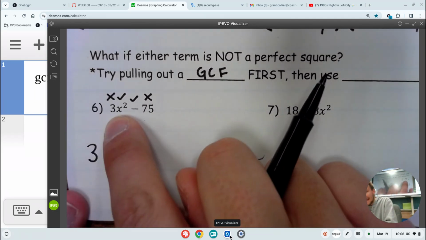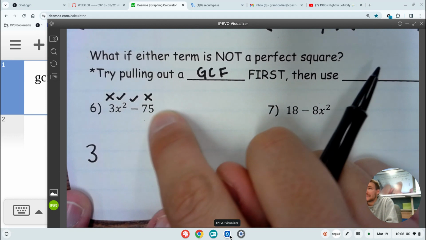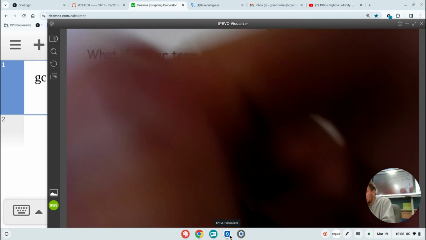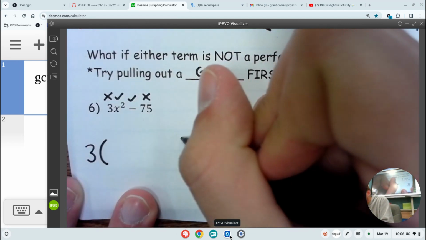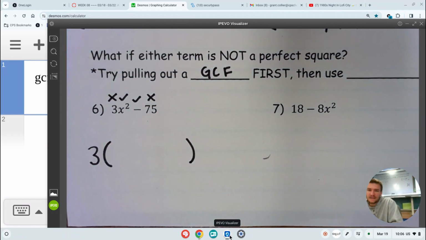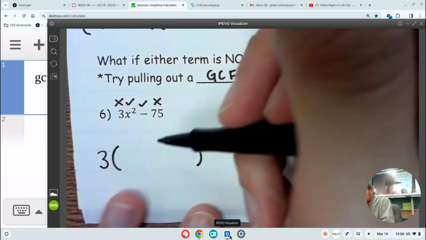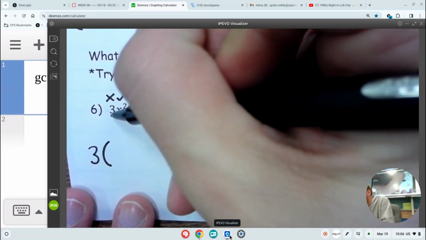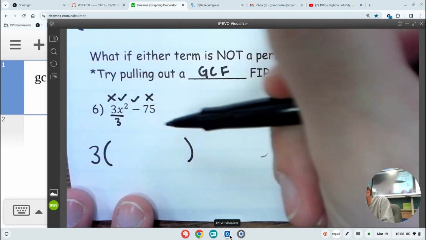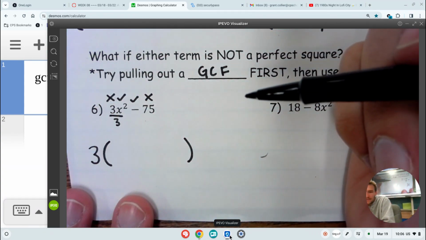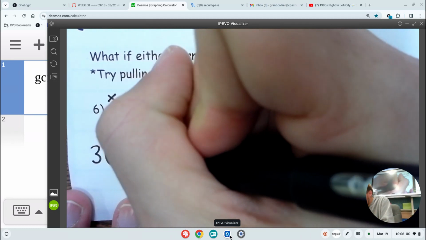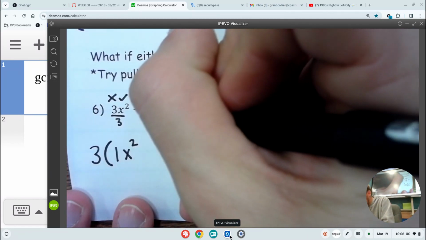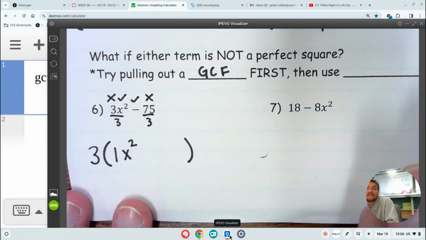Then we have x squared and no x's, which means we're not going to be able to pull out any more x's. And so that's all that we can pull out is a 3. And now, what is left over in the parentheses? Remember, we basically need to divide by 3. What is 3 divided by 3? It's 1. And we also need to divide this one by 3. What is 75 divided by 3?